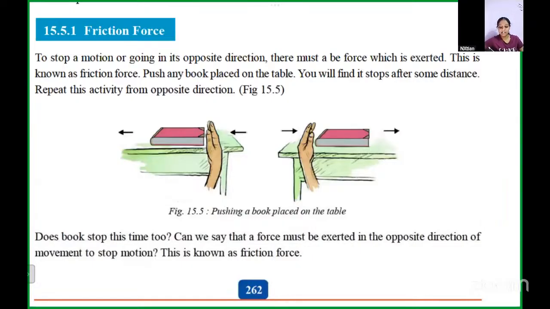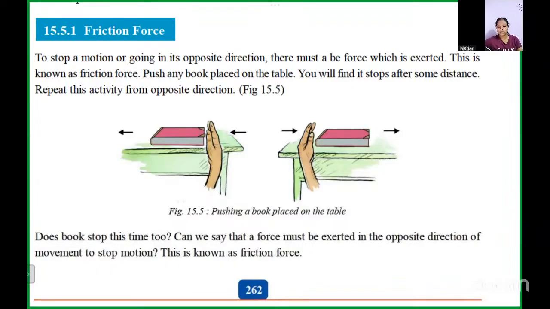This is known as friction force. When we stop an object that is moving, the force that we exert in the opposite direction is called friction force. Push any book placed on the table.